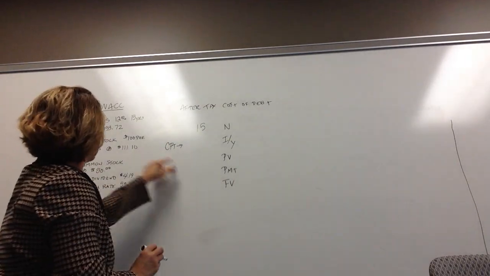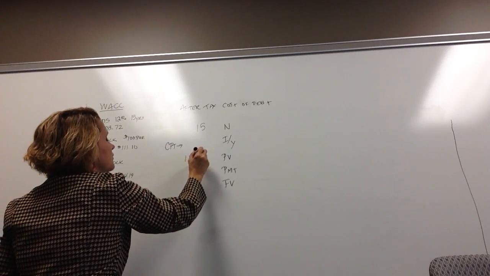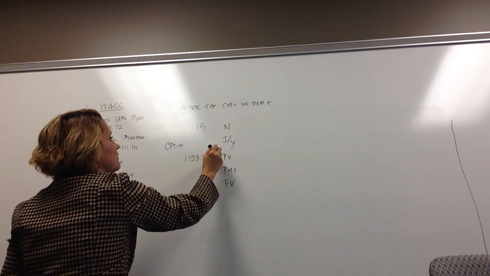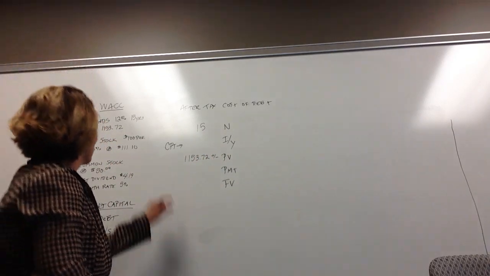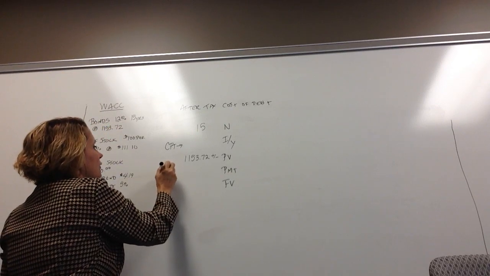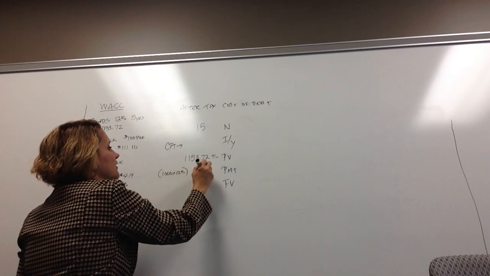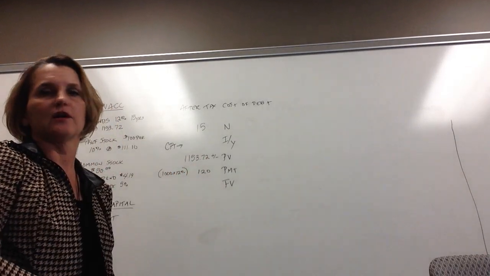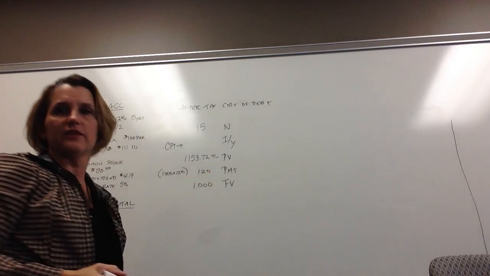The present value is what they're selling for today, $1,153.72. We'll enter that as a negative, so we'll push our plus or minus button. They are paying 12%. Bonds always pay on the par value, so 12% of $1,000 is $120. And then the future value of the bonds is always $1,000.